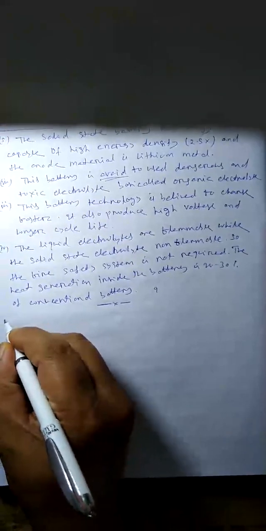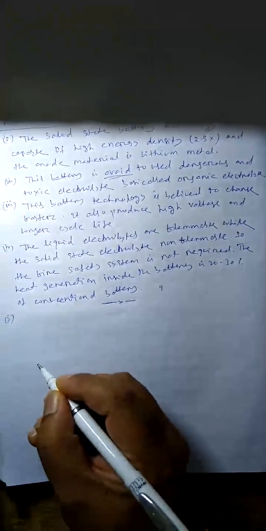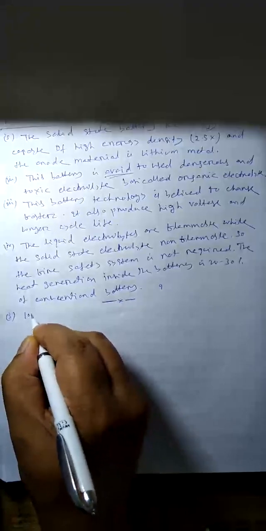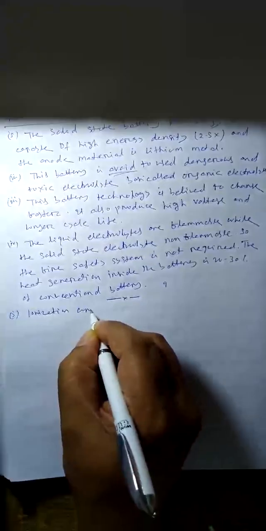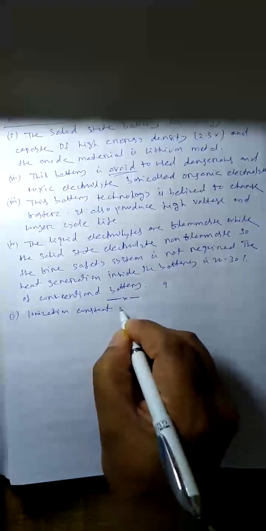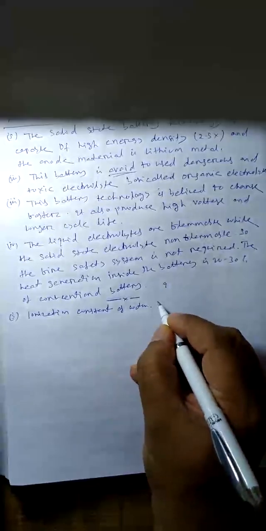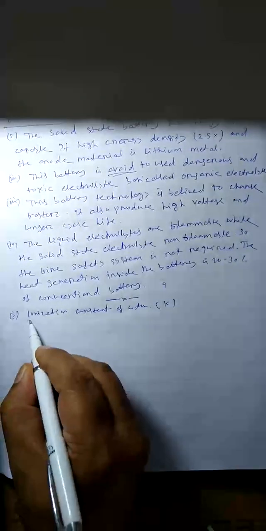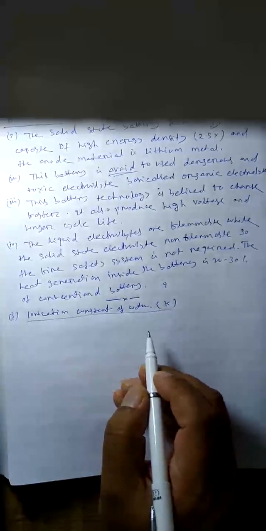Ionization constant of water, K, is also called the equilibrium constant if the reaction is in molecular form.